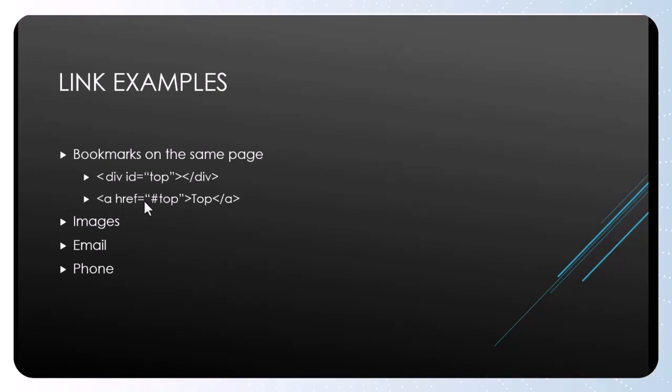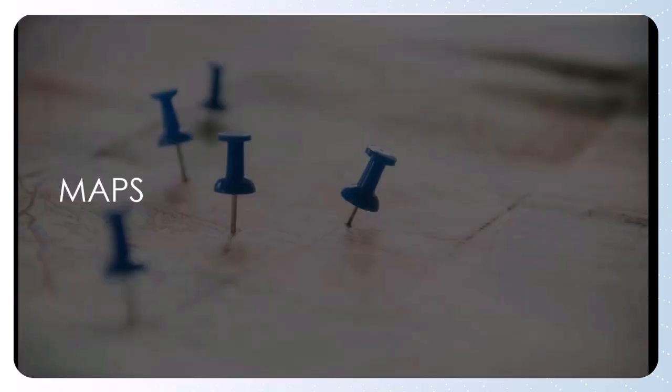Because this is an ID, you use quotes, the pound sign, the number sign, and what you called it. That number sign means ID. So when you click that text, top, it would jump up to where that div was. Other things you can make turn into links are images, email, and phone numbers.